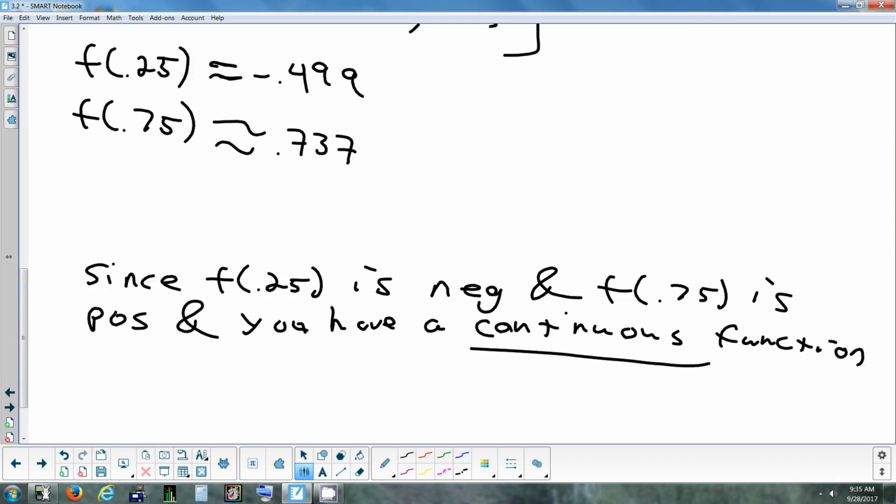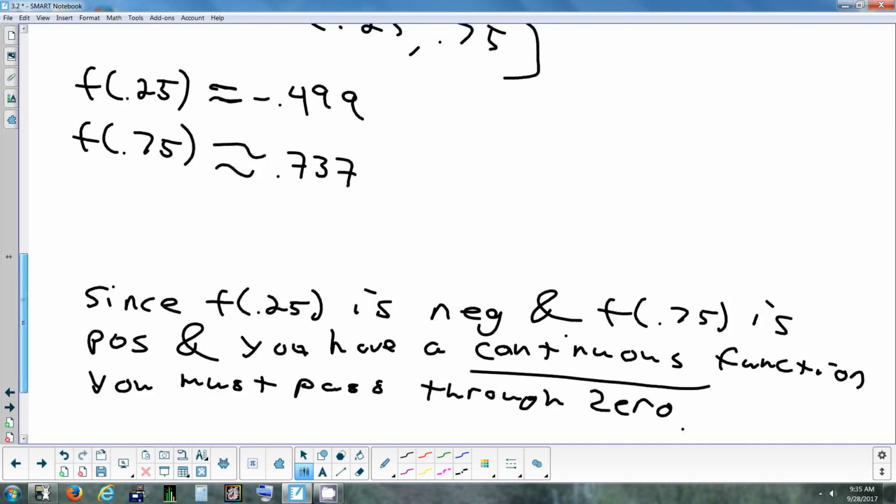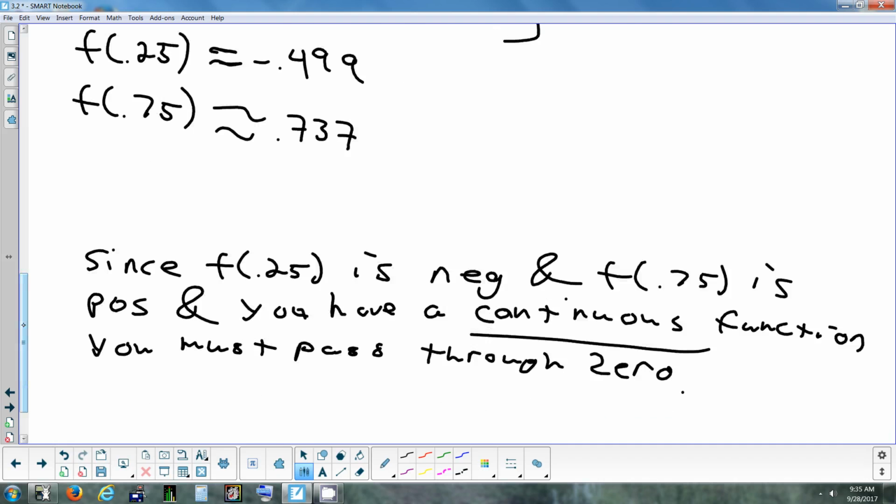There's no way to go from negative to positive if you're continuous without going through 0. And you have a continuous function, you must pass through 0. Or I think the way Megan worded it, you have to cross the x-axis, which is saying the same thing. Okay, so that idea, that concept and being able to articulate that is very important.